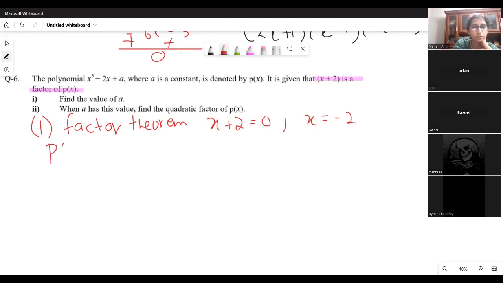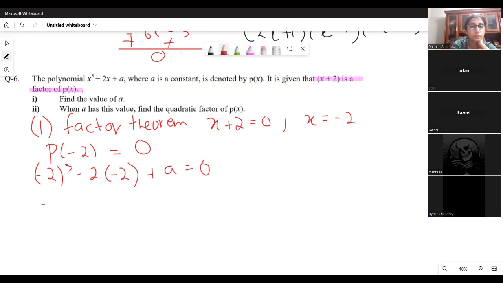Then you substitute this minus 2 in the given polynomial, and the answer should be equal to 0 since x plus 2 is a factor of p(x). So there should be no remainder, so that would be equal to 0. So minus 2 cubed minus 2 times minus 2 plus a should be equal to 0. Minus 8 plus 4 plus a equals 0. a equals 4.